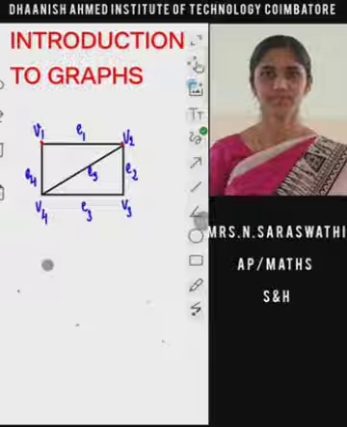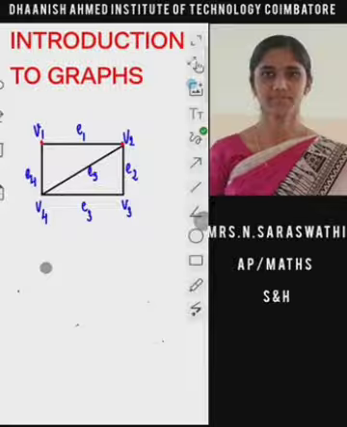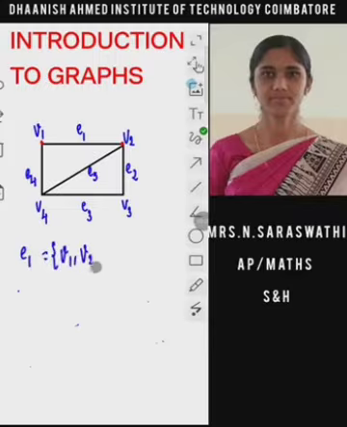Next, in this graph, we will see what are the adjacent vertices. Adjacent means nearby. So, any pair of vertices which are connected by an edge in a graph is called adjacent vertices. That means here edge E1 is a pair of vertices V1, V2.